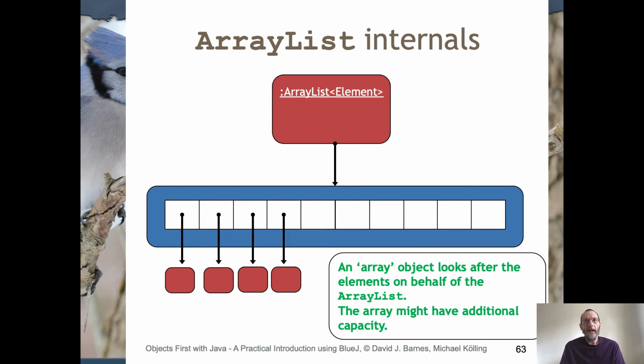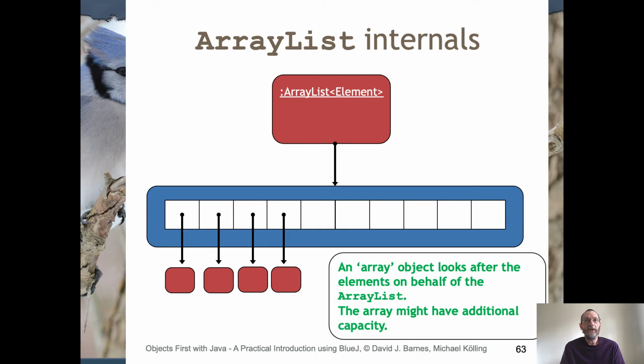And it's the array that is responsible for actually storing references to the objects that we notionally think of as being inside the ArrayList. So that array has some capacity, a capability to store some number of objects, and the objects stored within the ArrayList will be stored in consecutive locations of that internal array.